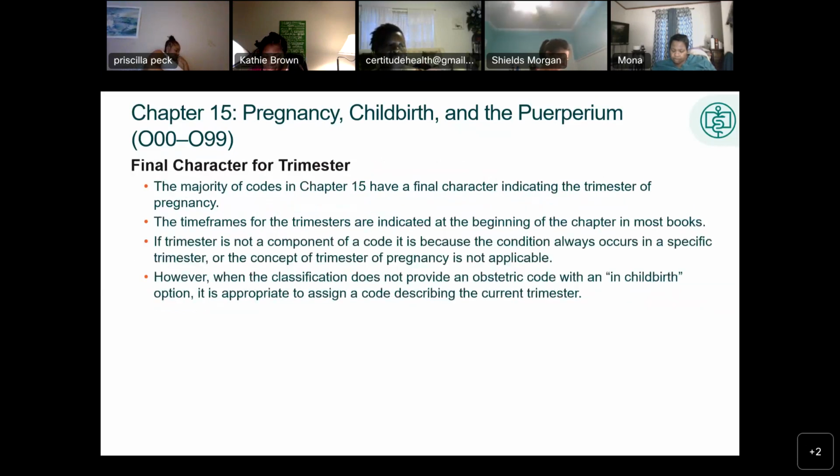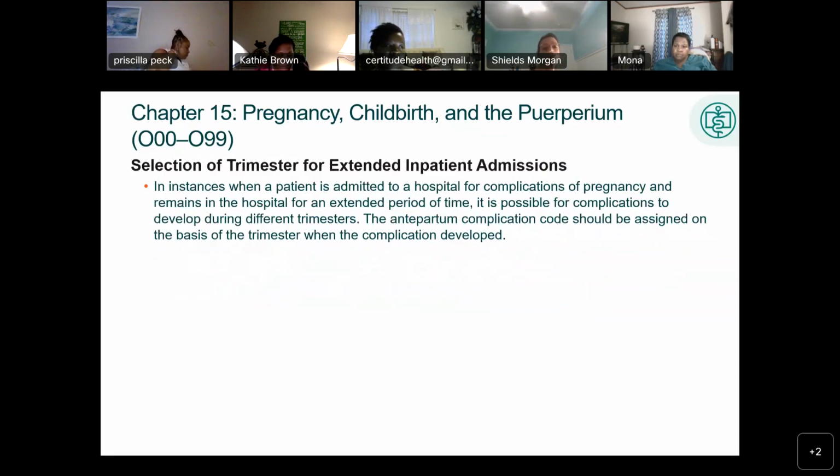The final character for the trimester in your diagnosis coding, as you're building your code in your tabular list, is typically going to be used to identify the trimester. However, your Z code, that second code that you add, is going to be used to further detail the weeks of gestation. So just a piece of information to have for you there.